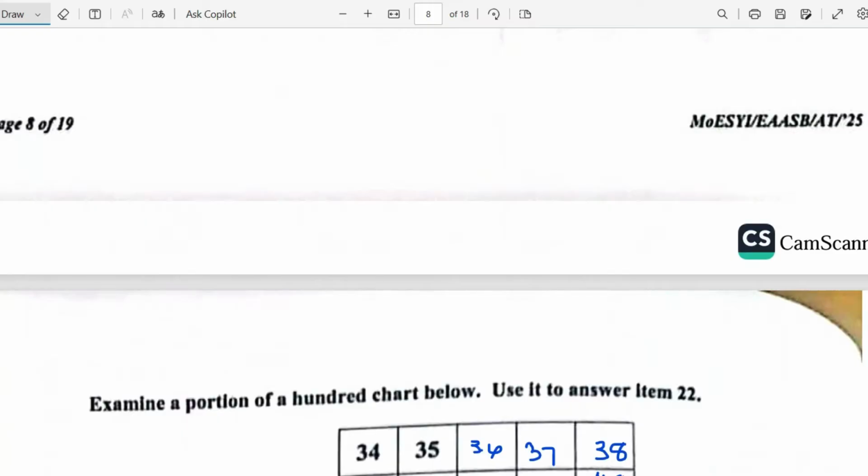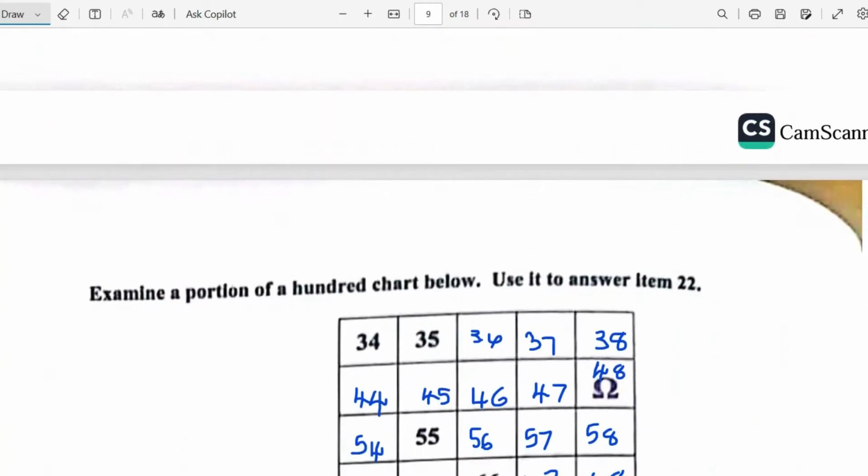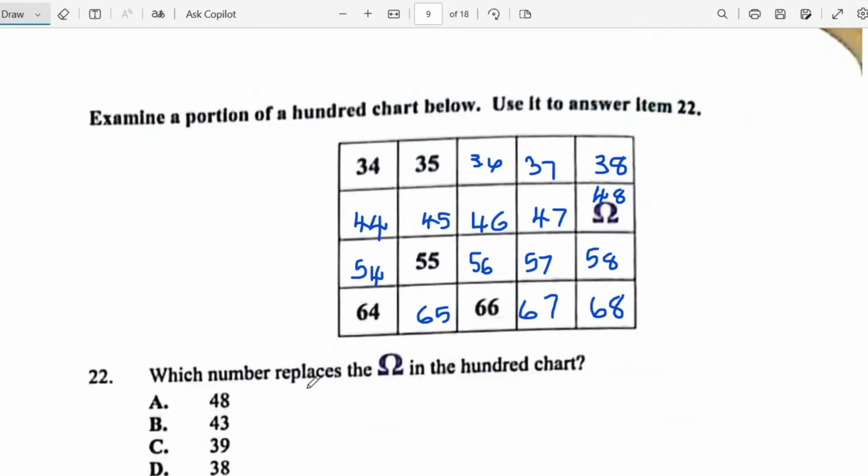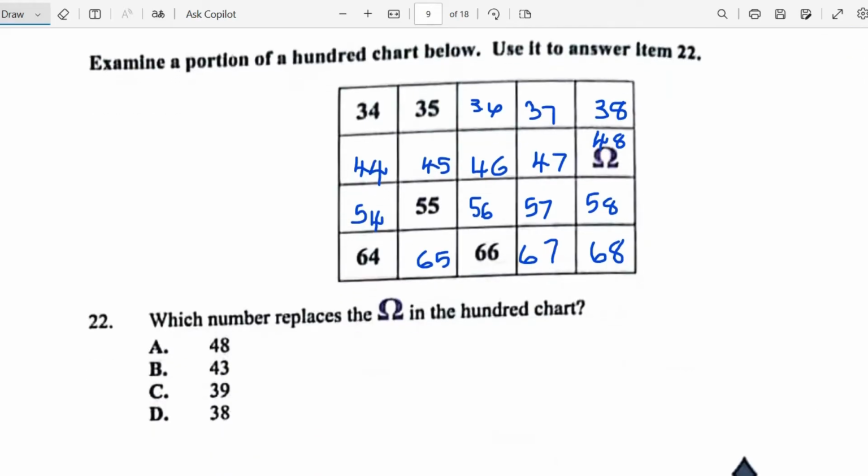Next question. Examine a portion of the 100 chart below. Use it to answer item 22. Which number replaces the omega sign in the 100 chart? So based on the pattern here, we can see that all of the numbers start with 4, 34, 44, 54, 64, and it ends with 8, 38, 48, 58, 68.